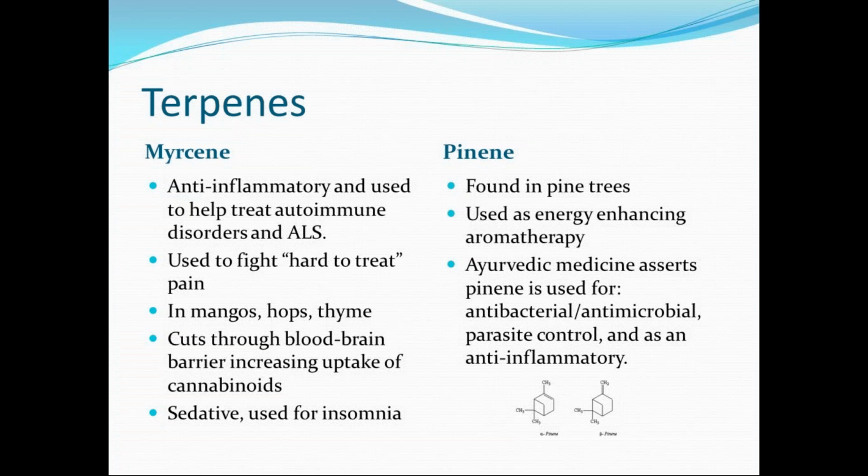You know the old adage of eating a mango will get you higher, the old trick that everyone uses. It's not that you get higher, but mangoes are high in myrcene, and what they do is they cut through the blood-brain barrier, allowing increased uptake of your cannabinoids. So basically, you're absorbing more cannabinoids when you utilize myrcene. So you're getting more bang for your buck as far as that goes.